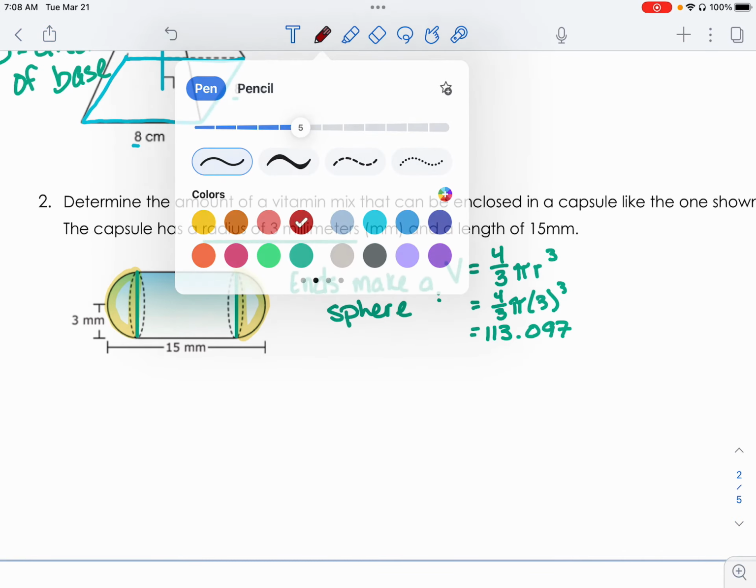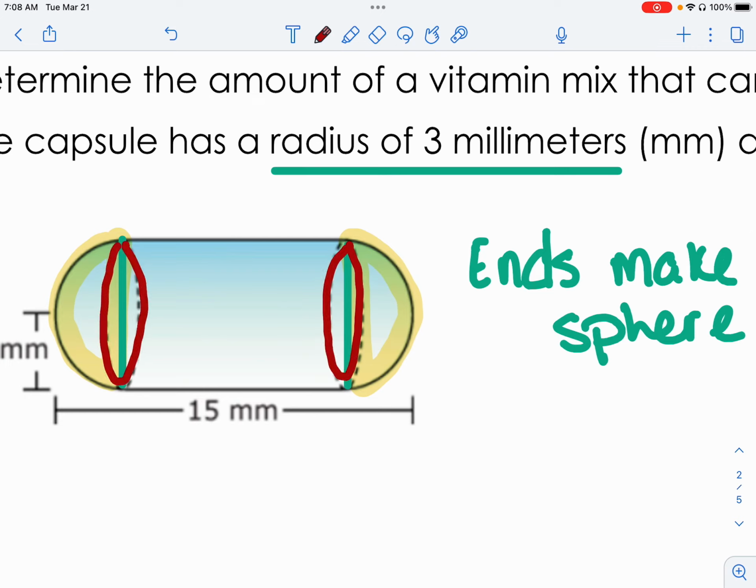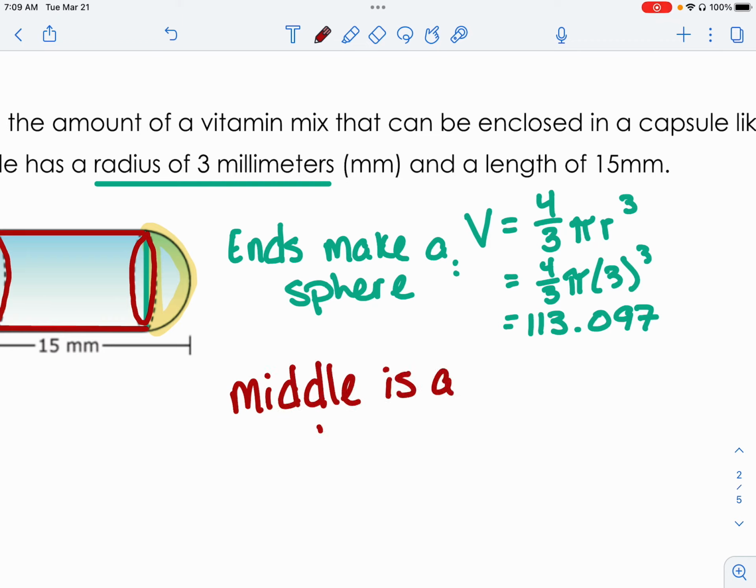So then our leftover middle part, remember, these ends are still a circle, and then we have this red kind of quick drawing. This is actually a cylinder. So the middle is a cylinder.